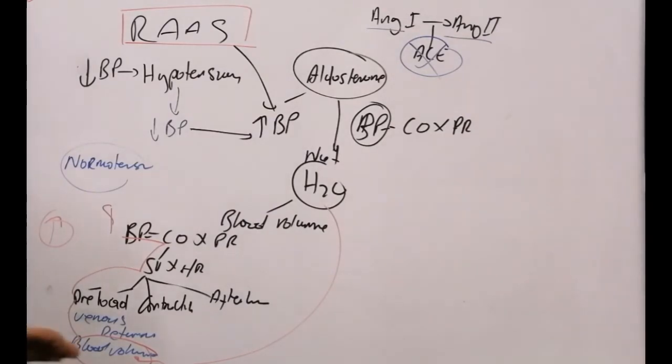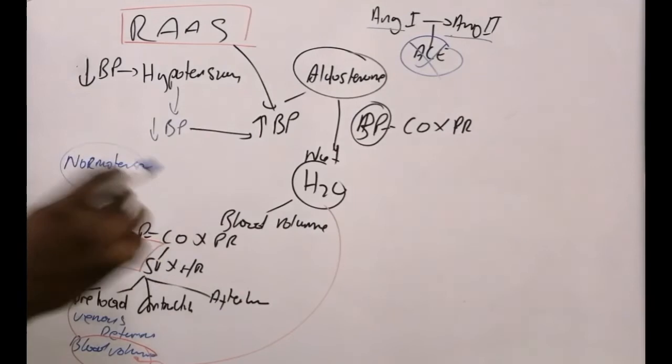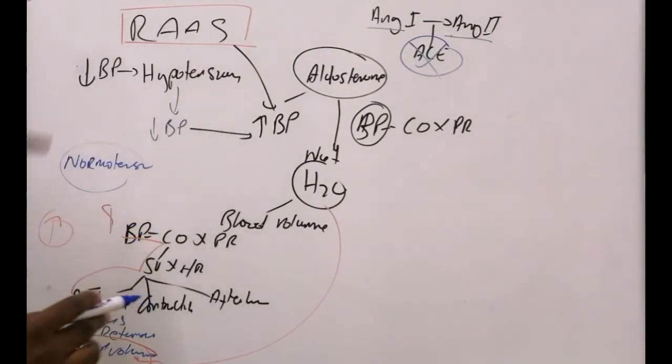There's going to be prorenin secreted, renin secreted, and angiotensinogen secreted, but when they get to this step, the pathway is blocked. This is how you switch off the RAAS system, because it is not good for a hypertensive patient. It worsens the hypertension.